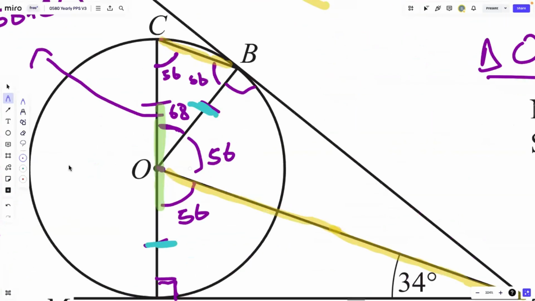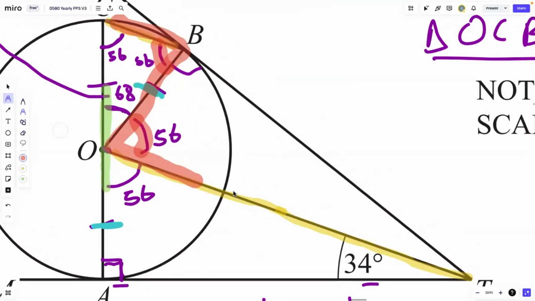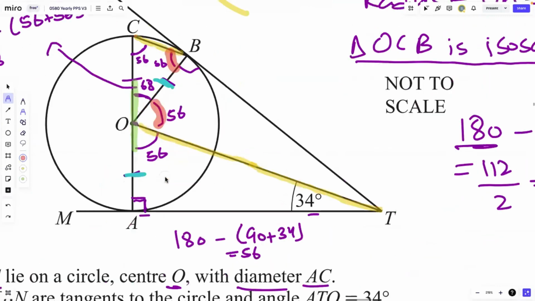So somehow, if I can prove that this angle and this angle are the same, I can see the Z being made, alternate angles. I'll automatically prove that they are parallel lines. If I can somehow prove that the two angles, which we have already proven are 56 and 56, are actually equal, we can prove that they are parallel lines because these are alternate angles. The angle OBC and the angle BOT are both 56 degrees. So that is what we are supposed to prove here.